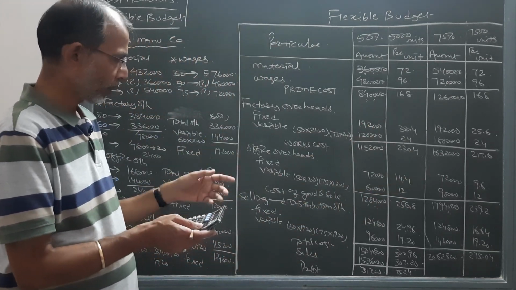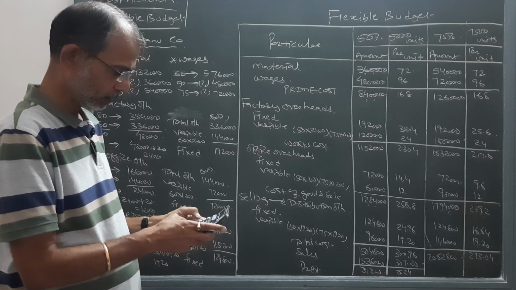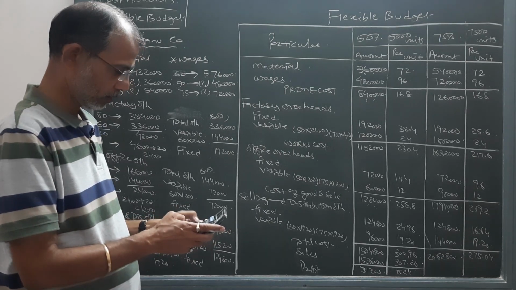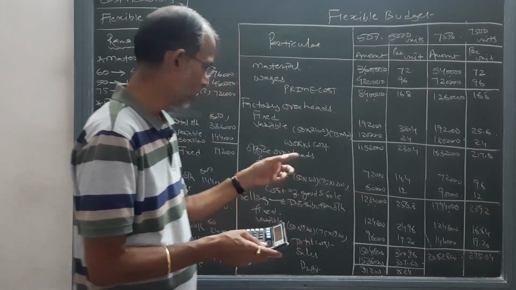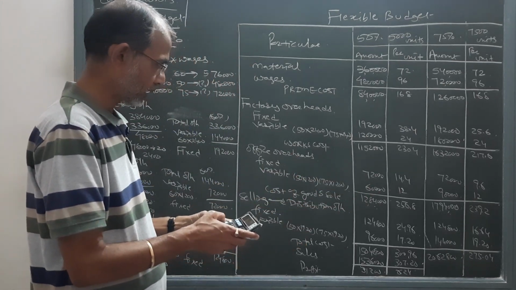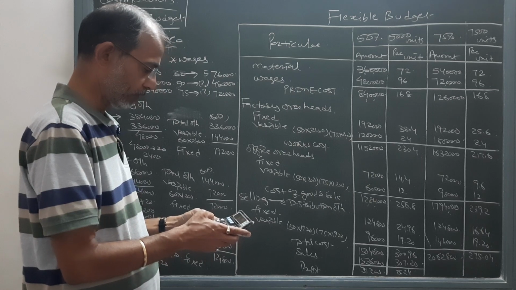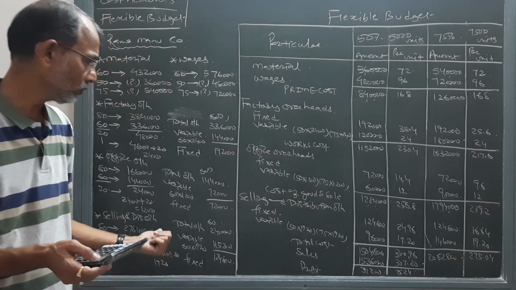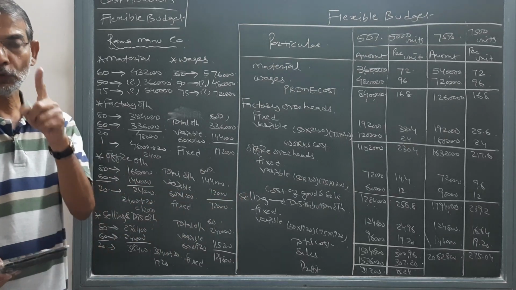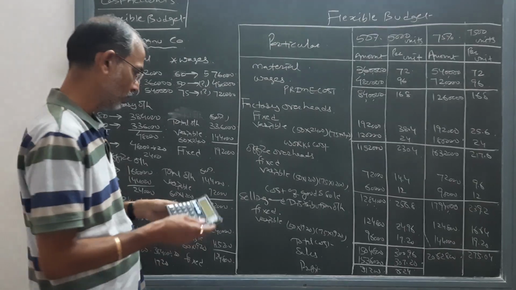Here 230 plus 256.8 and 72 plus 60 plus 11,52,000, 12,84,000. This is cost of goods sold or office costs.